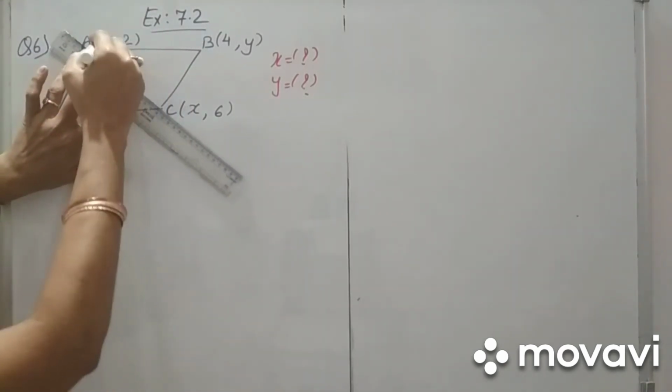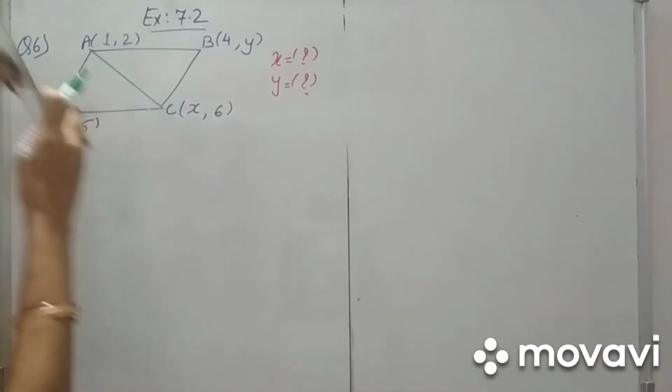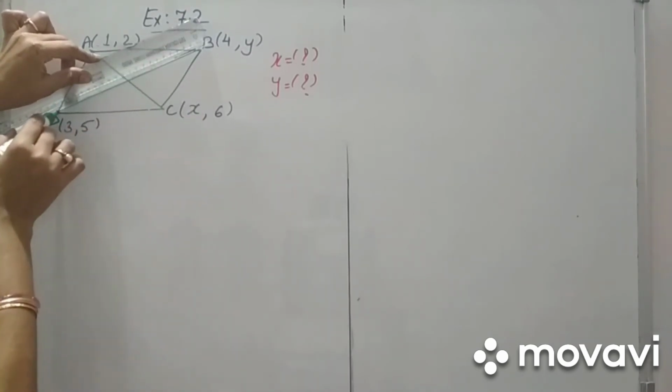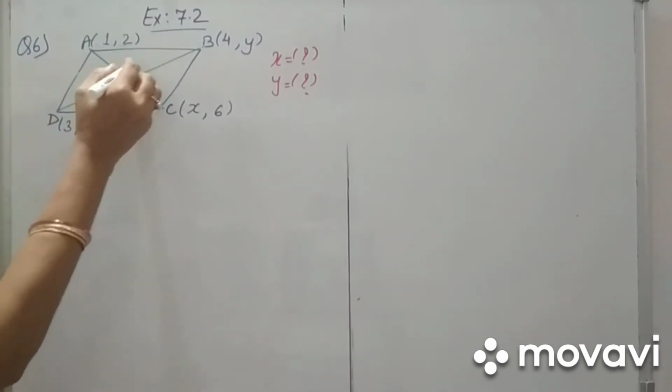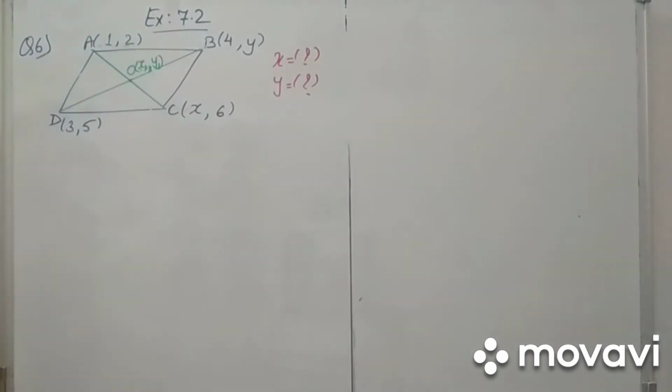Diagonals bisect. So here is one diagonal and here is my another diagonal, and here is the intersecting point O. Let its coordinate be x1 and y1.